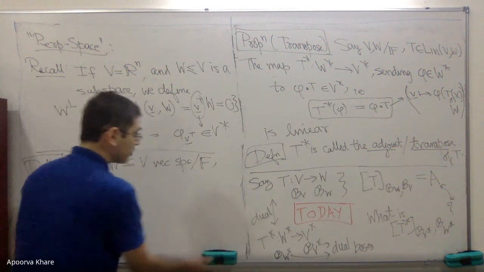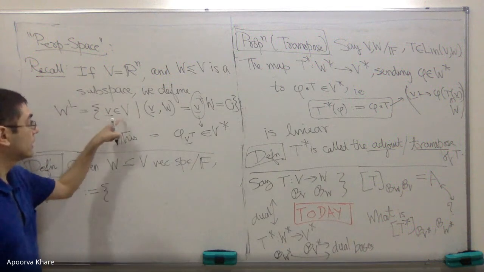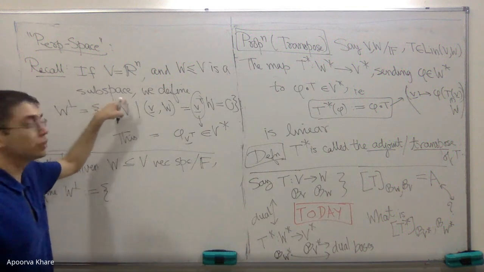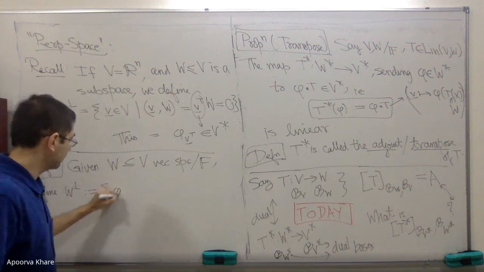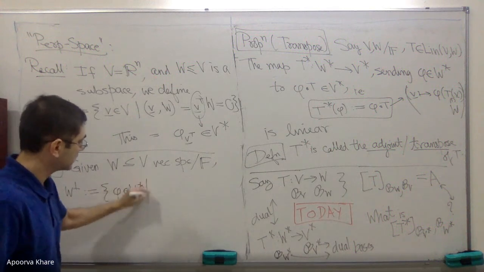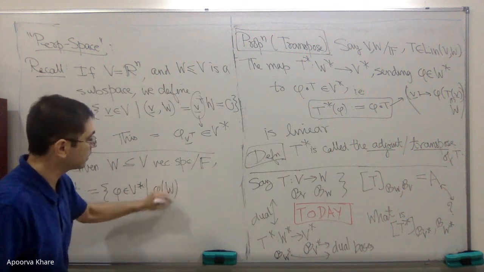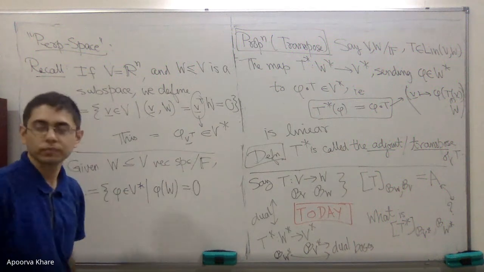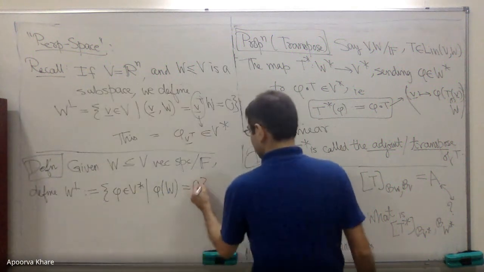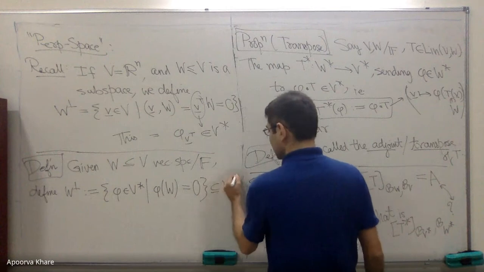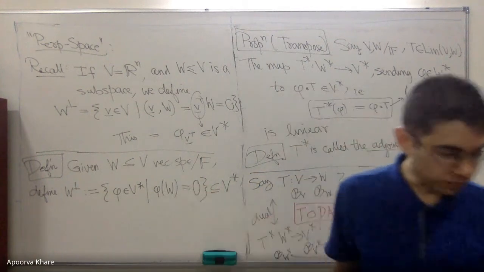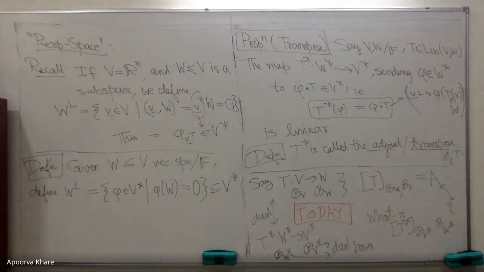This is now going to be a subset not of V, but of V star. It's the set of phi in V star such that phi of the entire W is 0. The obvious claim is that this is a subspace.